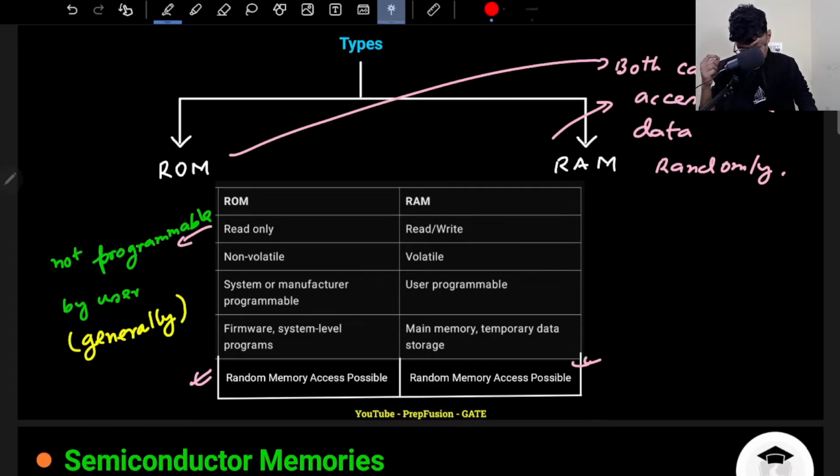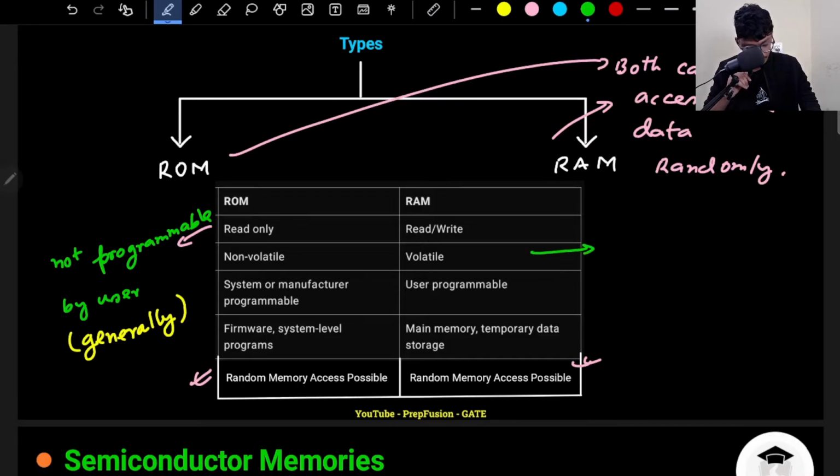Another thing, ROM is non-volatile, RAM is volatile. What do you mean by volatility and non-volatility? Volatile basically means that if I turn the power off, if I turn the CPU off, whatever data is inside the RAM will be deleted.